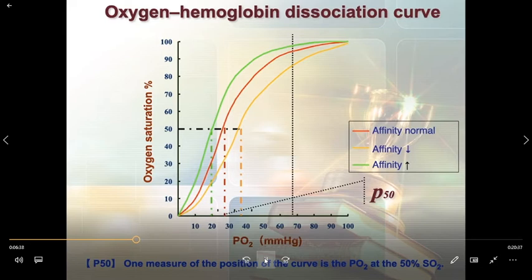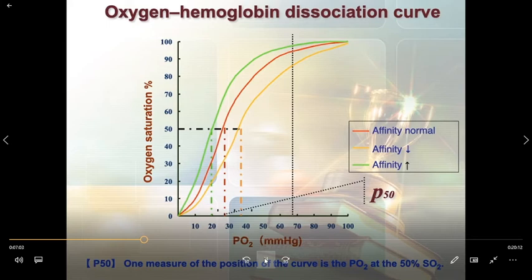So pay attention. That's one situation: the ability to dissociate, to leave the oxygen, is increased. Now, which line is it, let's have a look. Please pay attention to P50.